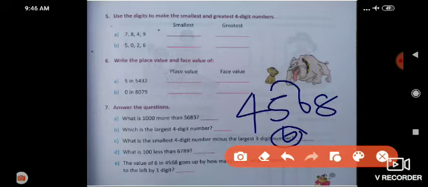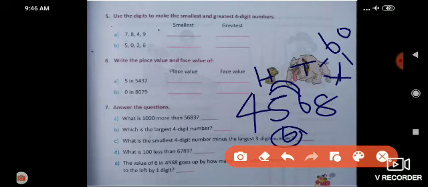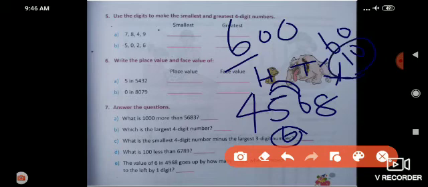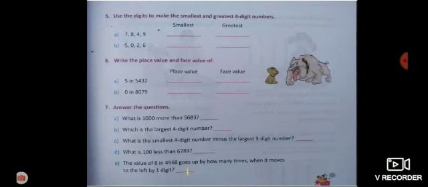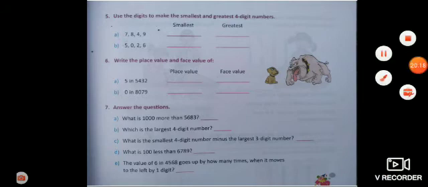When the 6 moves from the tens place to the hundreds place, now it was 60. If you multiply 60 with 10, what will you get? 600. So then only it will move to the hundreds place. So how many times does it go up? It goes up 10 times. Now you understood what I'm saying?